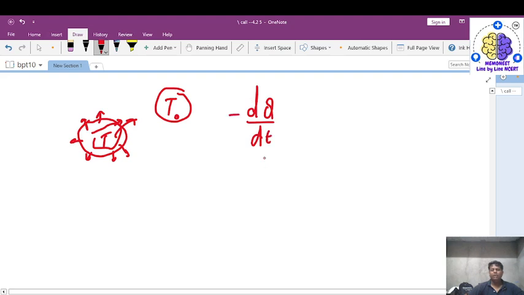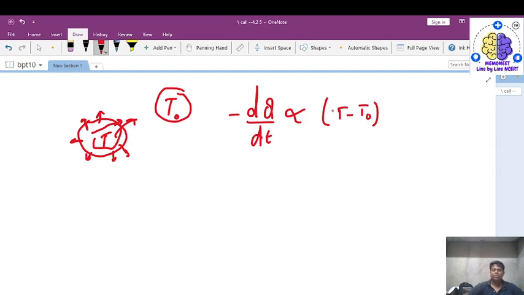So minus dq by dt is directly proportional to T minus T naught, that is the temperature difference between the surrounding and the body, and this difference should not be very large.